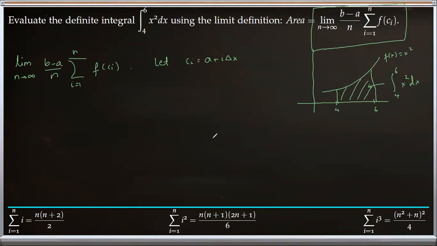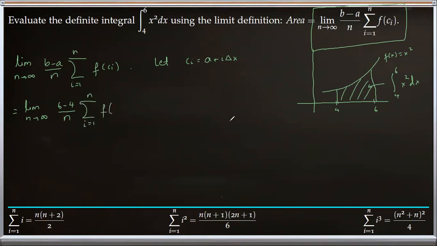Now let's plug in the values we know. We know what a and b are, so we can find delta x also. This will look like the limit as n goes to infinity of (6 minus 4) over n, summation i equals 1 to n, and f of Ci.